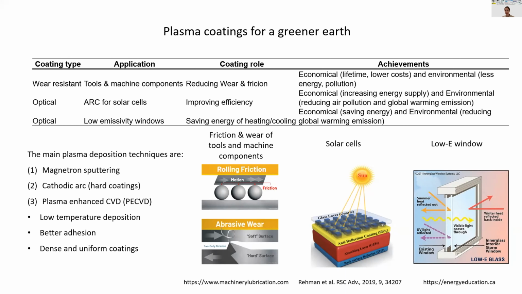The main plasma deposition techniques used to make these coatings are magnetron sputtering, cathodic arc for hard, wear-resistant coatings, and plasma enhanced chemical vapor deposition, which provides deposition at low temperature, better adhesion, and dense and uniform coatings.